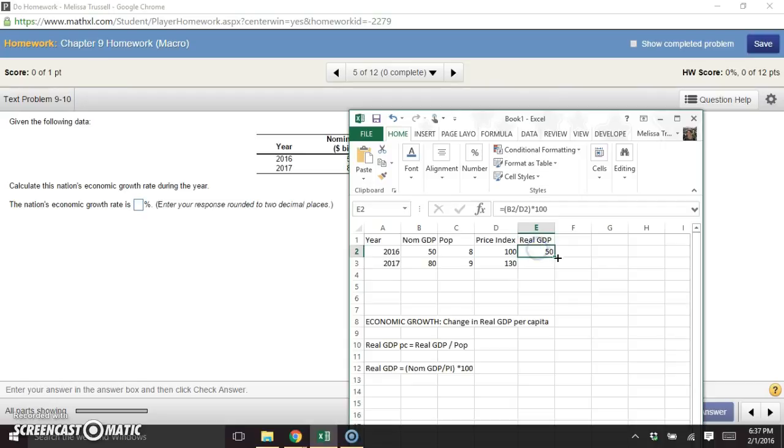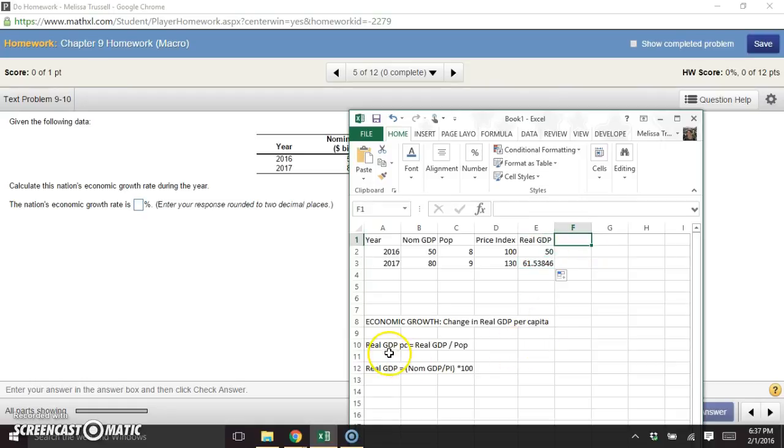And I want to do that for both years, so I'll get Excel to copy that formula down to the next line, and that's why I like to use Excel, because it'll copy the formula down for me and I don't have to do the same thing over and over. But you notice up here in the formula line that for real GDP for 2017, I've got the same thing. I've got this cell, the nominal GDP, divided by this cell, the price index, and then all of that times 100. So now I have real GDP for both years.